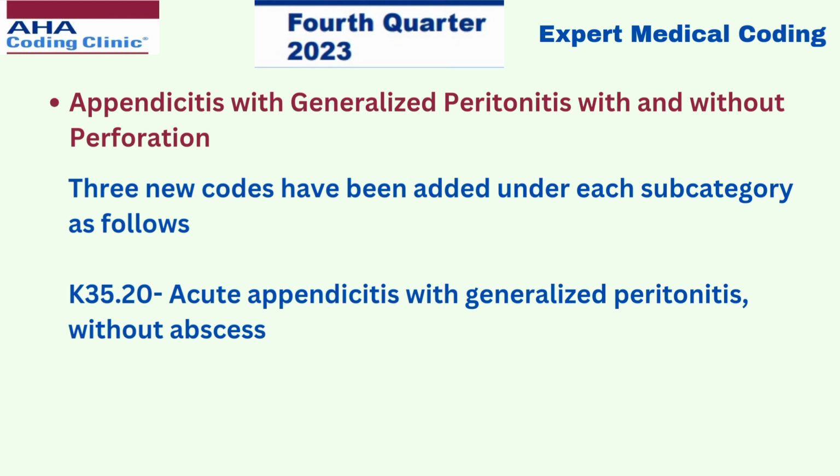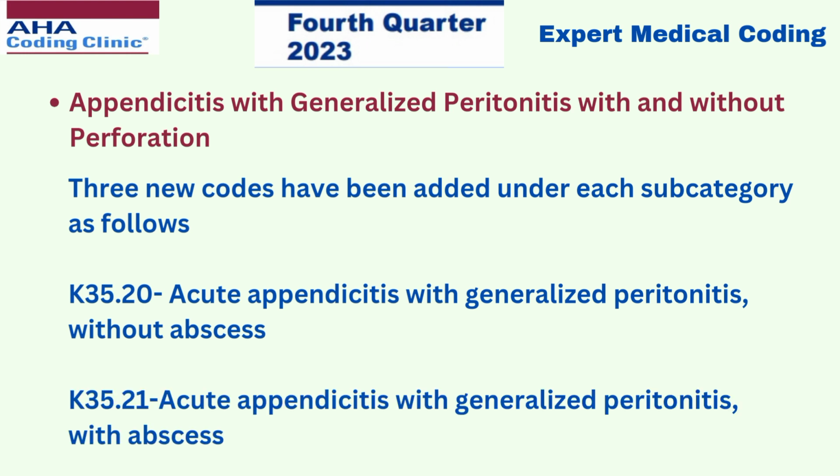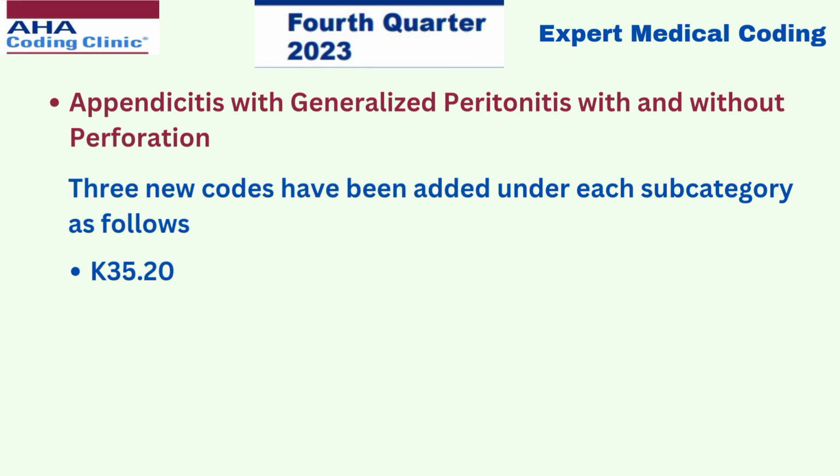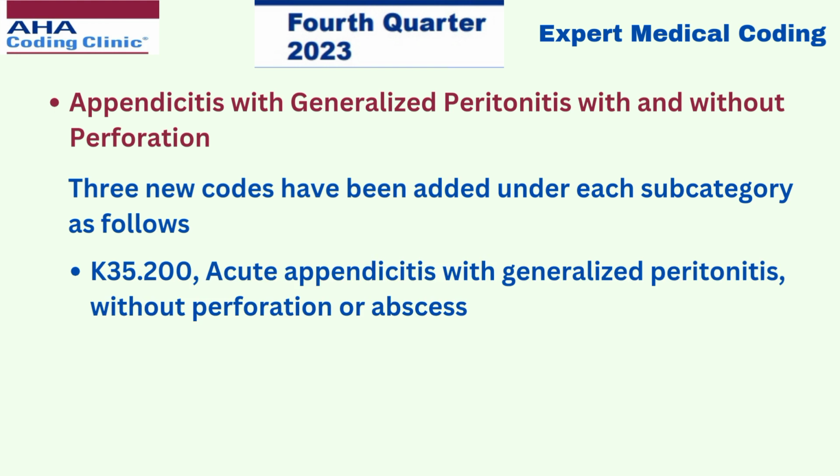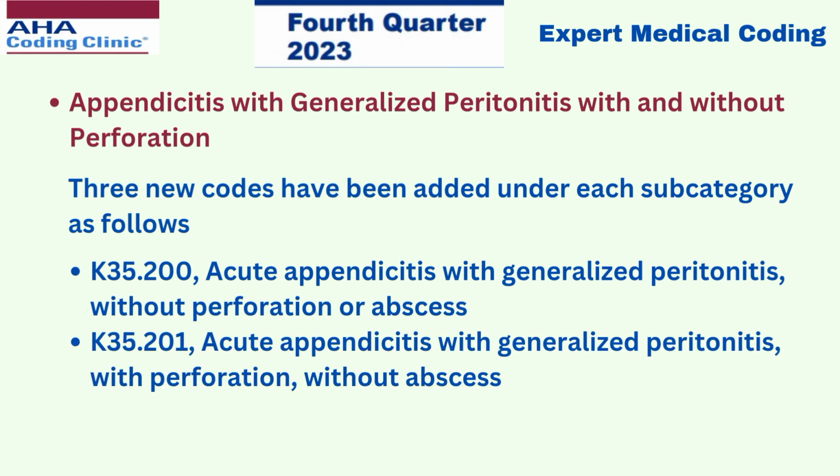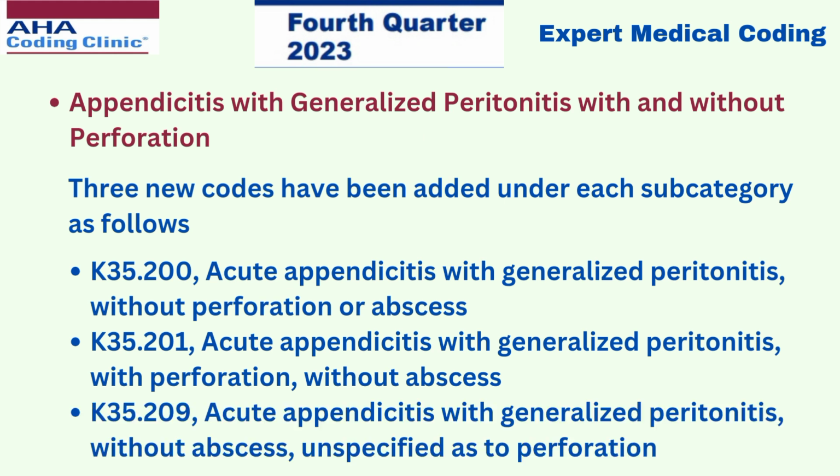So for the subcategory K35.20, three codes have been added, and for the subcategory K35.21, three new codes have been added. Subcategory K35.20 has been further expanded as K35.200 for acute appendicitis with generalized peritonitis without perforation or abscess, K35.201 acute appendicitis with generalized peritonitis with perforation without abscess, and K35.209 for acute appendicitis with generalized peritonitis without abscess, unspecified as to perforation.